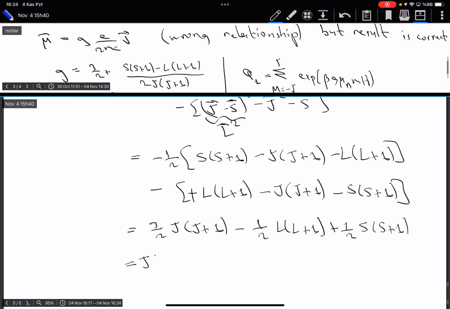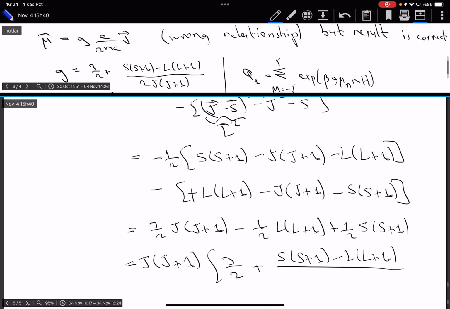So let me take the j plus 1 out. This is 3 over 2 plus s(s+1) minus l(l+1) over twice j(j+1).